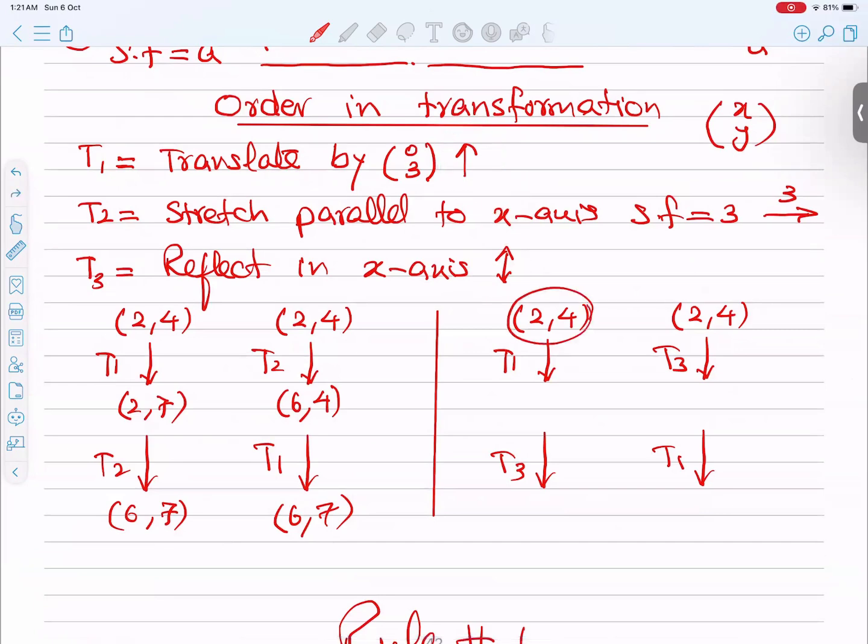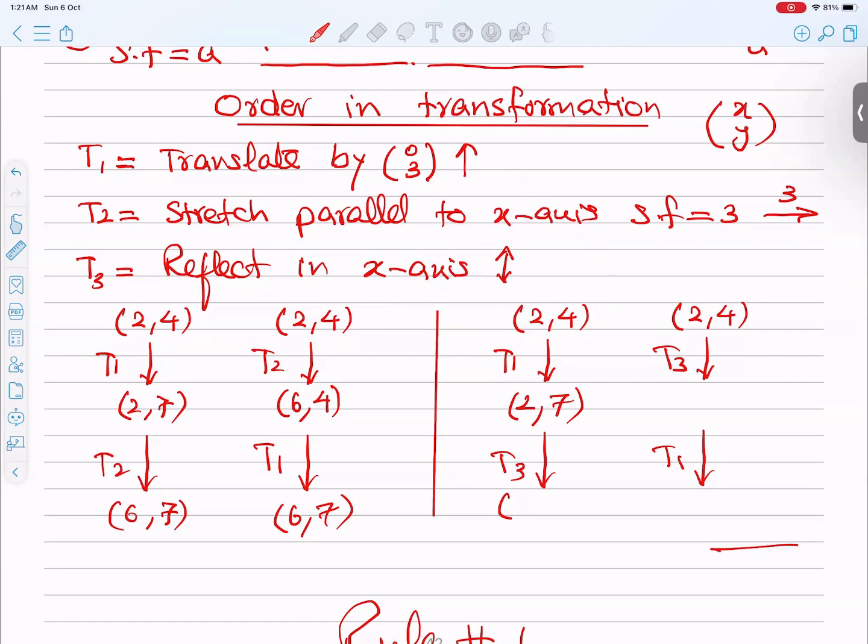So I'm applying T1. So naturally, you know it very well, (0, 3). Because we translate x, no change. So this 2 plus 0, no change. I got 2, but 4 plus 3, I got a 7. T3 is what? Reflect in the x-axis. What happens? So we can see here the y coordinate reflects in the x-axis.